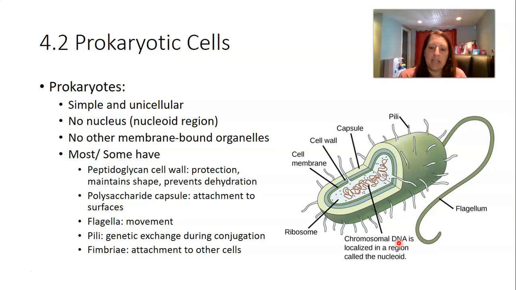It helps to maintain cellular shape, and it also prevents desiccation or dehydration, or it prevents the cell from drying out. So it helps to prevent water loss. Some bacteria outside of that cell wall will also have a structure called a capsule, and that capsule is going to be made up of a carbohydrate. Okay, so polysaccharides. The purpose of that capsule is to aid in attachment to surfaces.